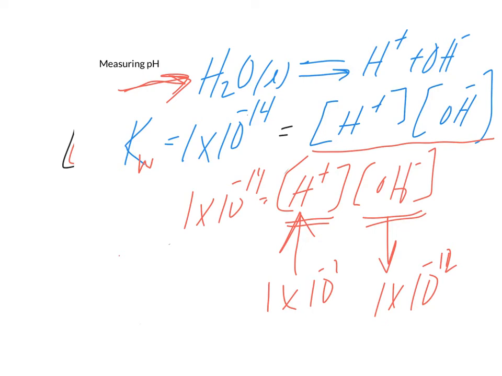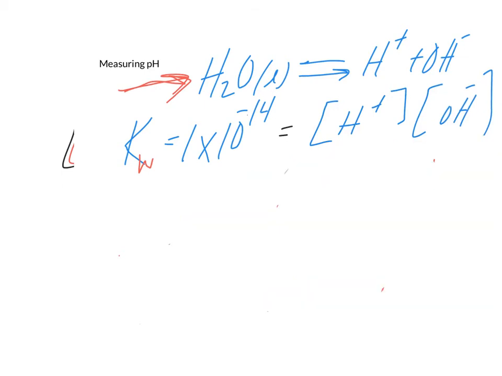Now, this does imply something very strange, and that is that all acid solutions, which have a lot of H plus, also have minute amounts of OH minus, which is strange for us to think about. Now let's work this back into pH. If you have a solution that is neutral, that is, it's balanced in terms of acidicness and basicness, then the amount of H plus and the amount of OH minus must be equal.